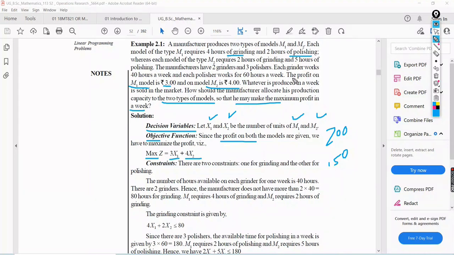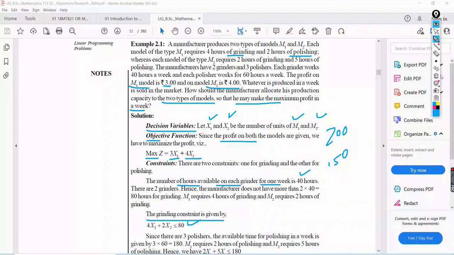The number of hours available for each grinder in a week is 40, and two grinders are used, so 2 into 40 is 80 hours. Model M1 requires 4 hours of grinding, and M2 requires 2 hours of grinding. So 4x1 plus 2x2 is less than or equal to 80. This is the grinding constraint.